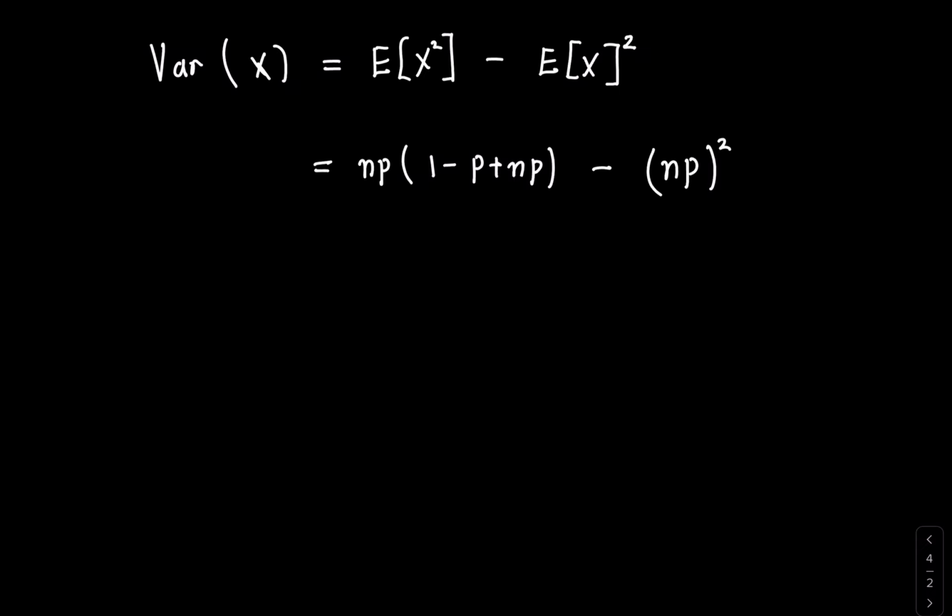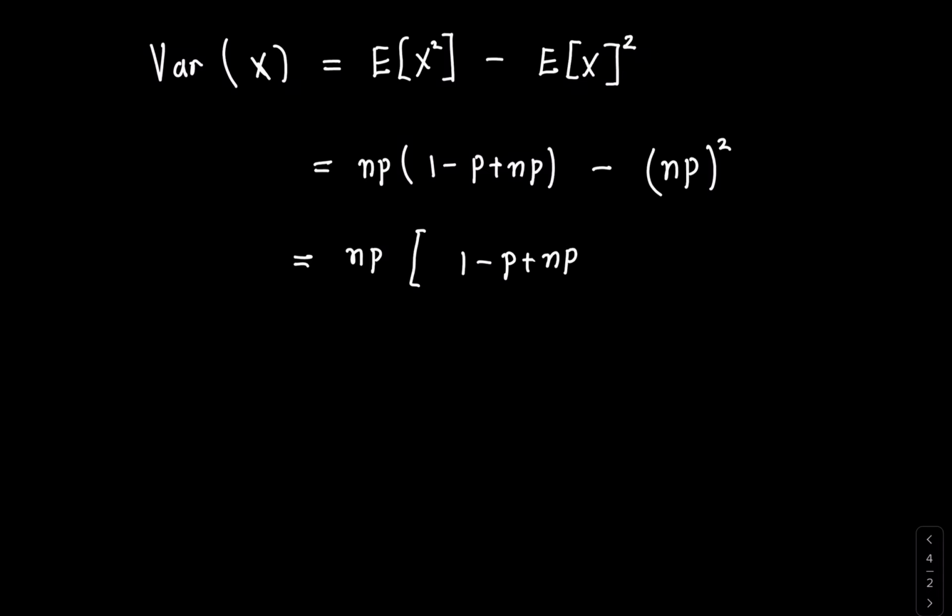And if you have a look here, these actually have a common factor of np. Sorry, we substituted the expected value of x, which is np. Now these have a common factor of np, as you can see here. So we're going to take that out as the common factor. So that becomes np times 1 minus p plus np.